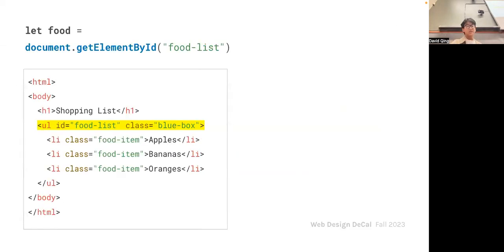Here's a little example on the difference between getElementById and getElementsByClassName. We have getElementById of food list, and it'll select only the specific one that has food list. HTML actually doesn't allow you to write multiple elements with the same ID. So we select this UL with ID equals food list.